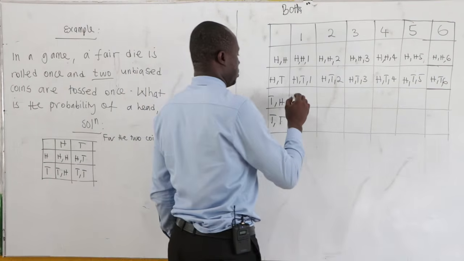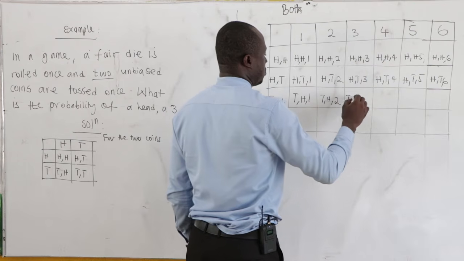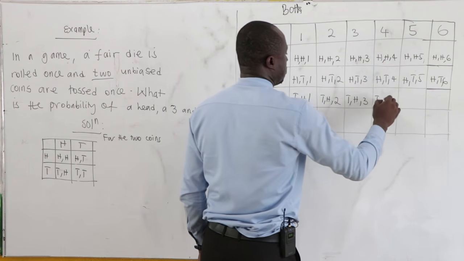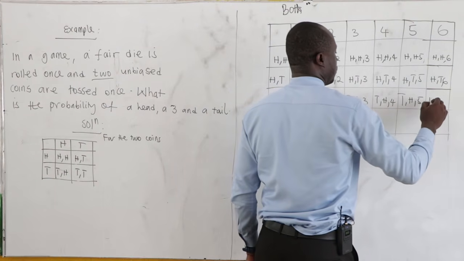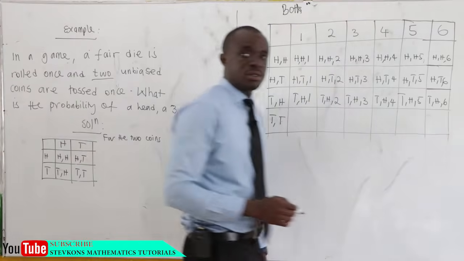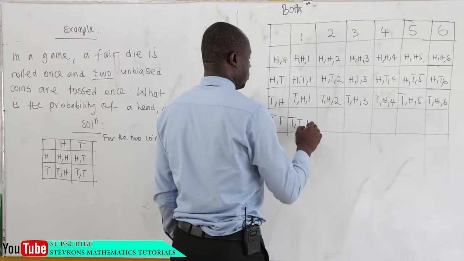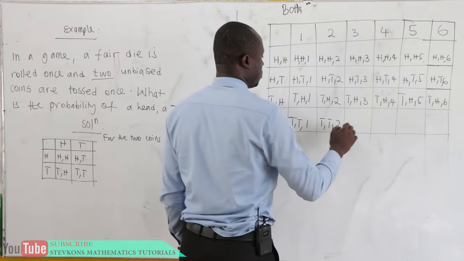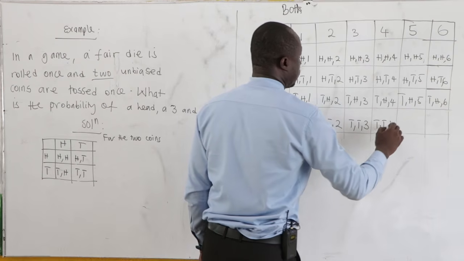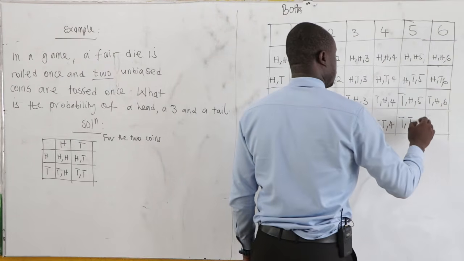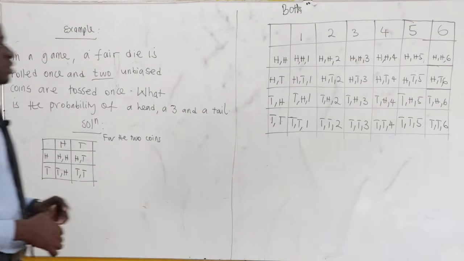The next one will be TH1, TH2, TH3, TH4, TH5, TH6, followed by TT1, TT2, TT3, TT4, TT5, TT6. So that's the possible sample space.